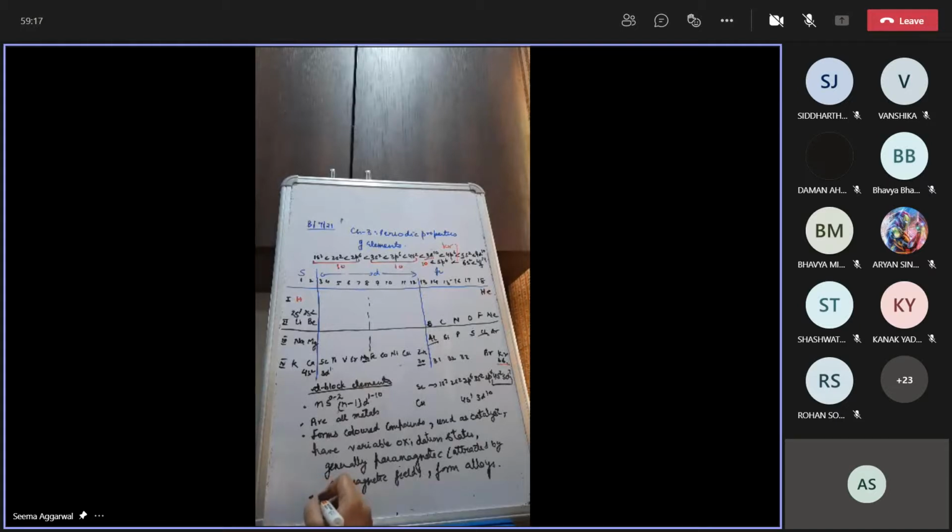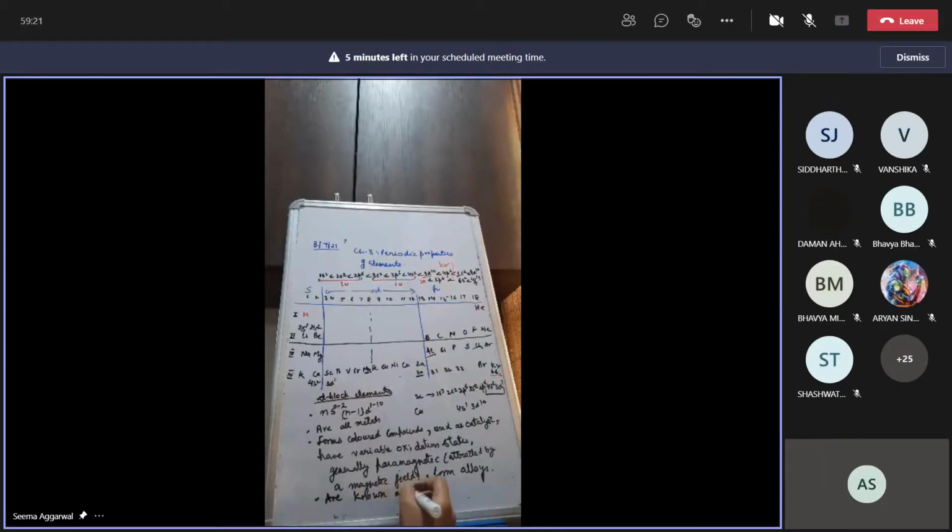Another property: these are known as transition metals. Why are they known as transition metals?